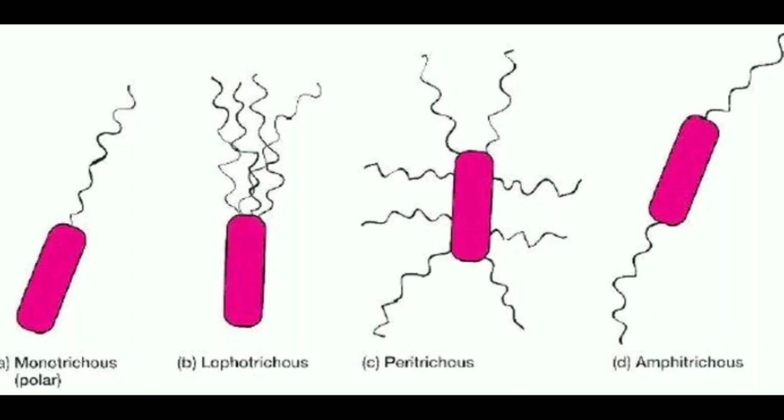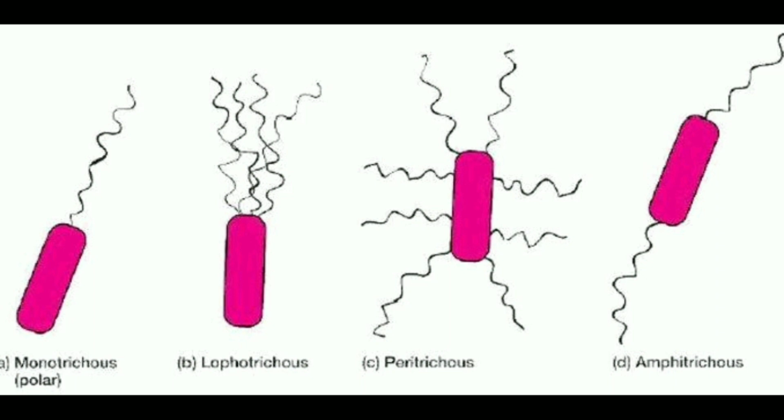So this diagram explains the different arrangements of flagella. If a single flagella is attached to one end, it is monotrichous. If a tuft of flagella is attached to one end, it is lophotrichous. And if many flagella arise around the body, it is peritrichous.